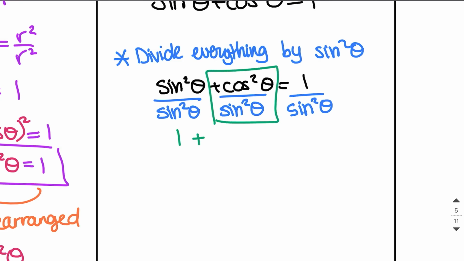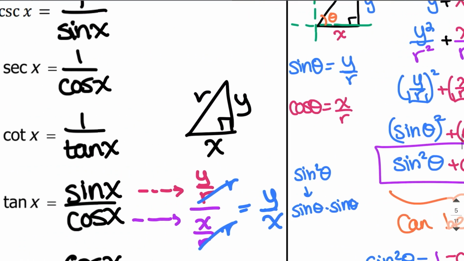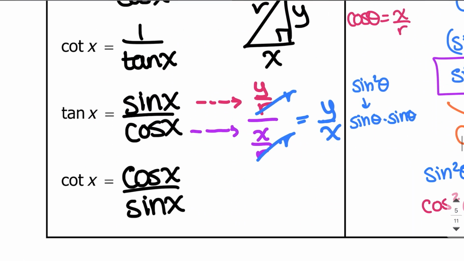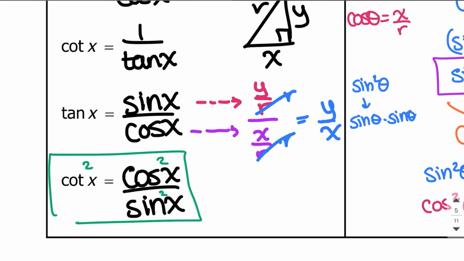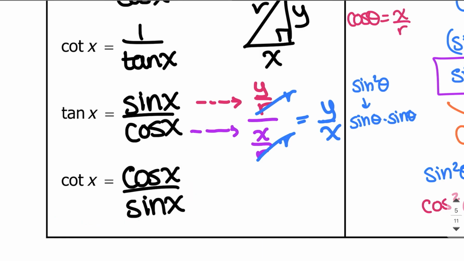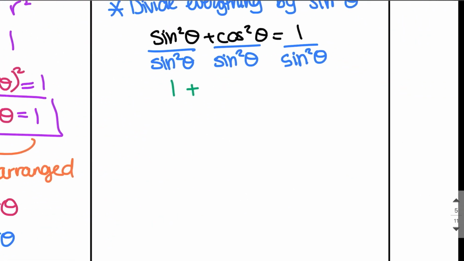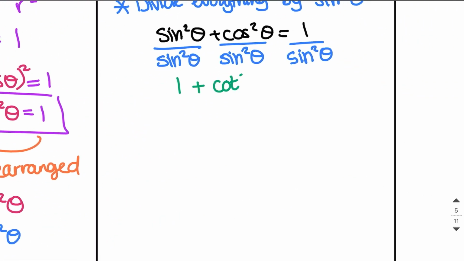Now this is cosine squared theta divided by sine squared theta, and we learned that cosine divided by sine is cotangent, so cosine squared theta divided by sine squared theta would be cotangent squared theta. So over here we can say that this is cotangent squared theta, okay?